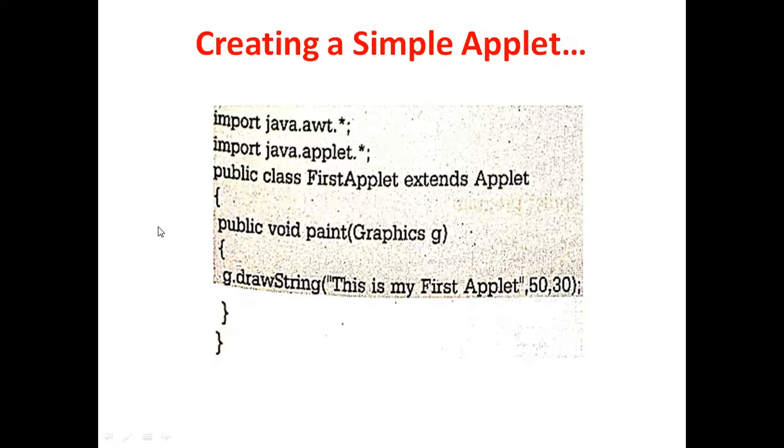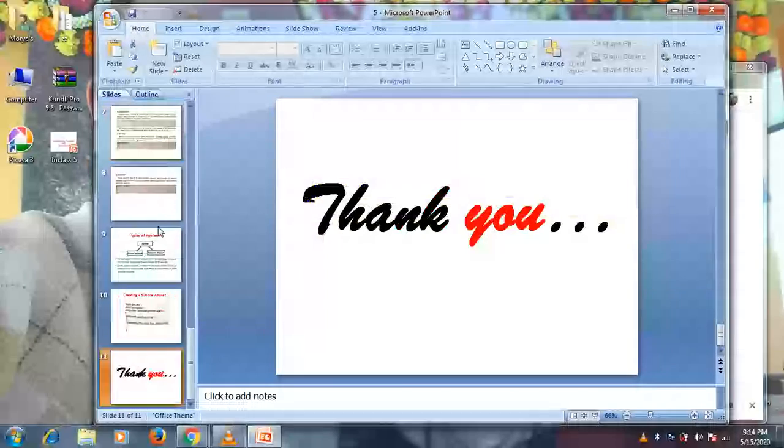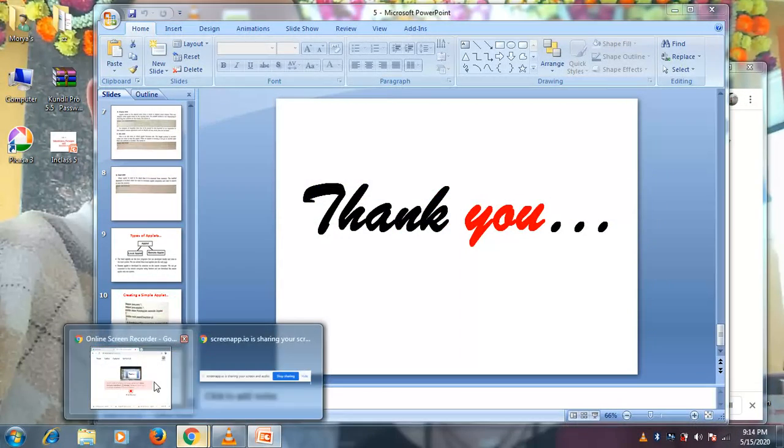From the left-hand top corner, it will start calculating, and at the 50th row and 30th column, it will start printing "This is my first applet" in the browser. This is the way we can write or create an applet.